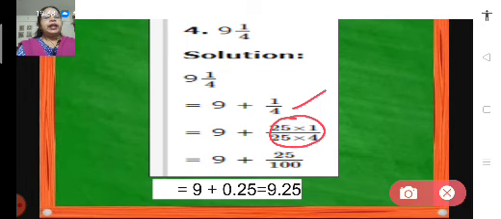So we get 9 plus 25 upon 100. So 9 plus 25 upon 100 can be written as 0.25, isn't it? So 9 plus 0.25 becomes 9.25. So 9 1 upon 4 is equal to 9.25.